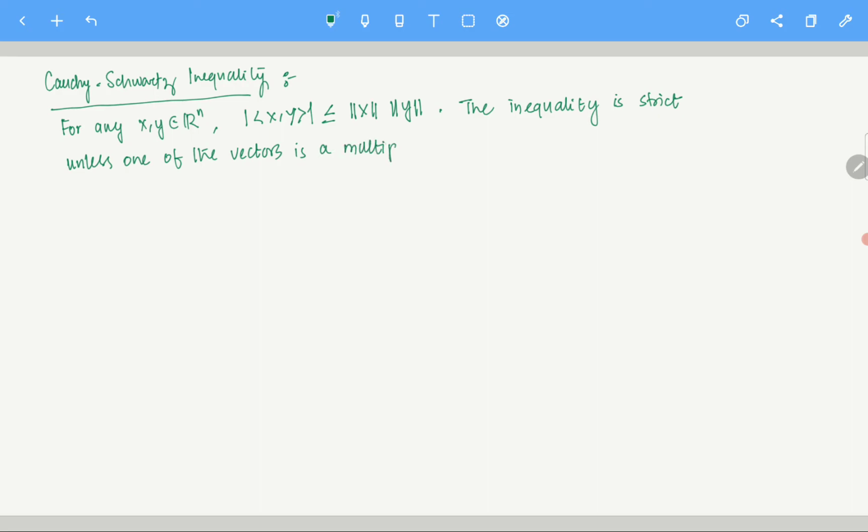That is not a very difficult thing to see. Of course, if one is a multiple of the other, by the scaling property you can see that the equality holds. There is nothing much to do here. We will just concentrate on proving the theorem.